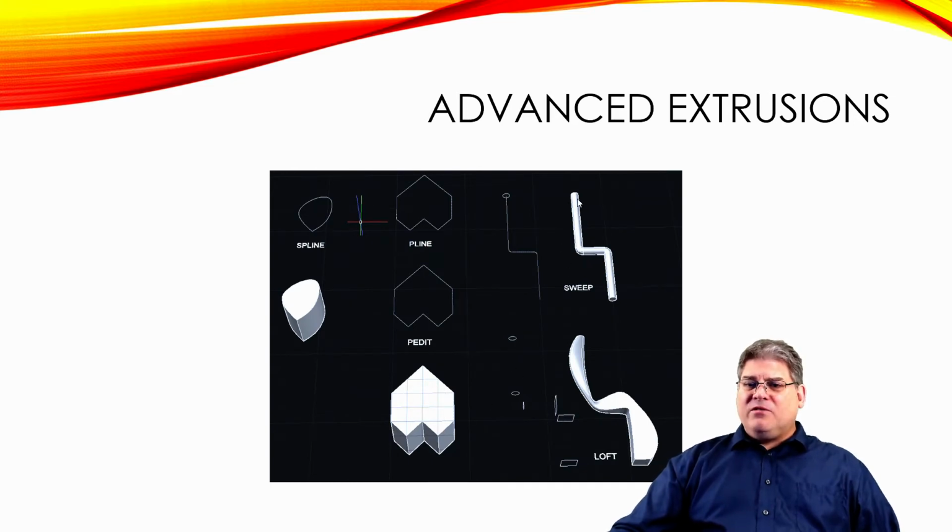The sweep command is really, really useful for creating things like piping and wiring in 3D, so you can actually create a spline or a polyline of line segments, and I'll show you how to do that here in a second. Take a circle and then extrude it. It doesn't have to be a circle, but, and then loft. Loft is a great way, if you can get it to work for you, to create some very ergonomic designs.